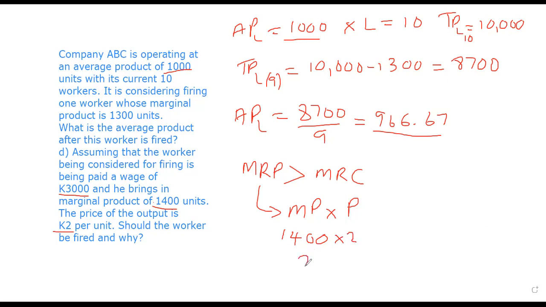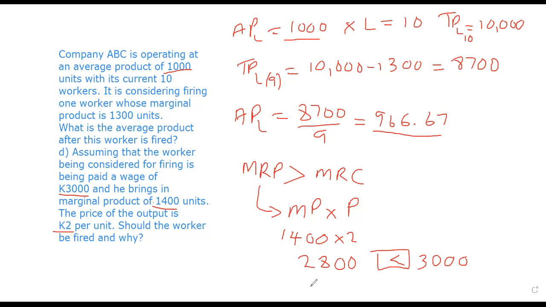That would be 2,800. It's less than how much he's asking for? 3,000. He was asking for 3,000. So he was worth being fired, right? Because what he was bringing in was less than what he was paid. So this is a justification to that.